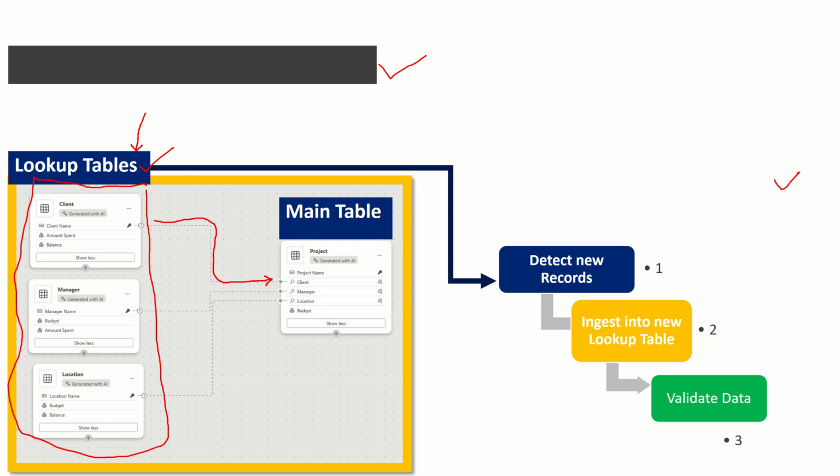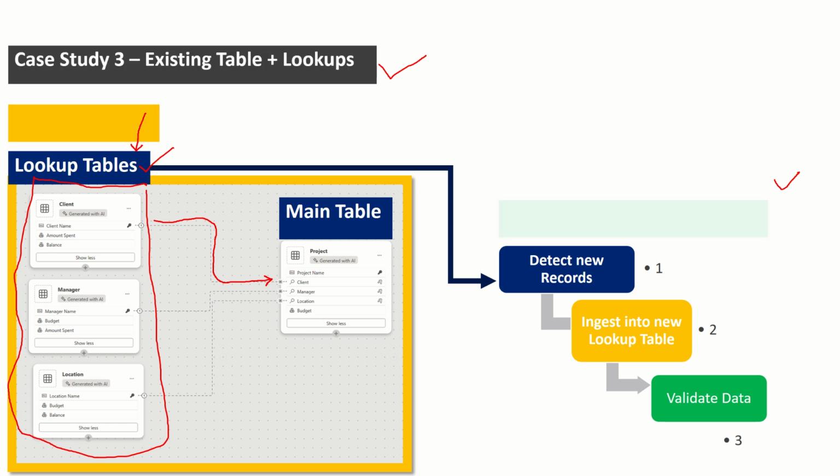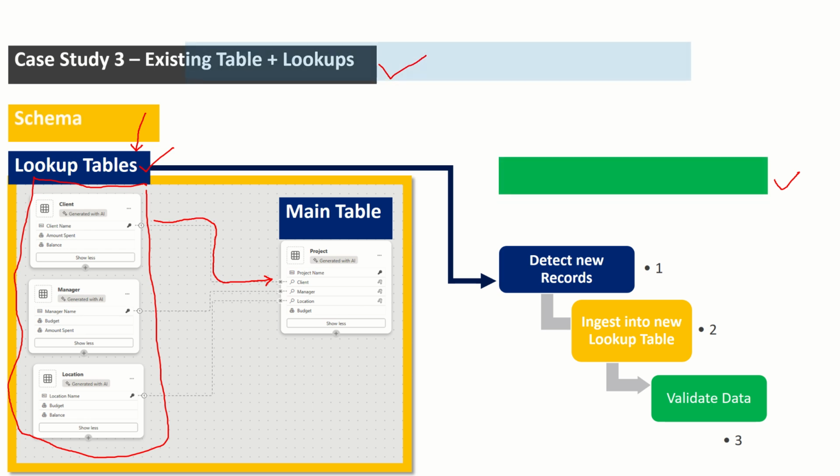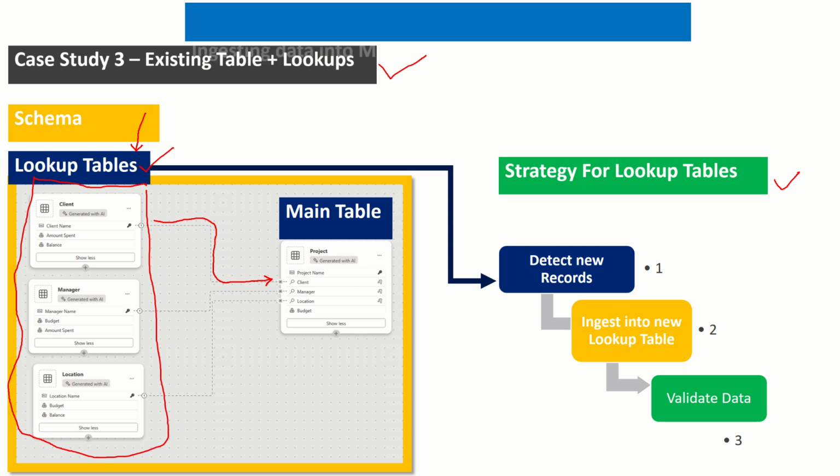As you can see here, which I've already circled, what I'm going to be doing is quite similar to what I just explained, but this is now the strategy on the lookup tables. The lookup tables, as you can see, I've circled around here, and you remember the lookup tables are all connected to the main table. In this particular instance, my strategy is simple. The same thing I'm going to do, but in a different way.